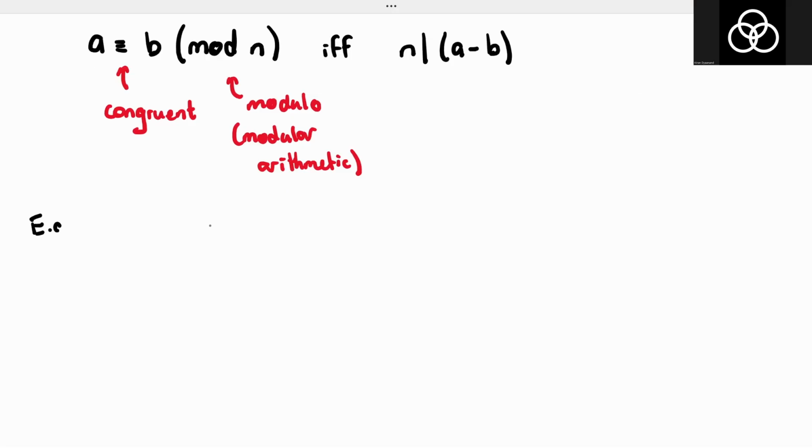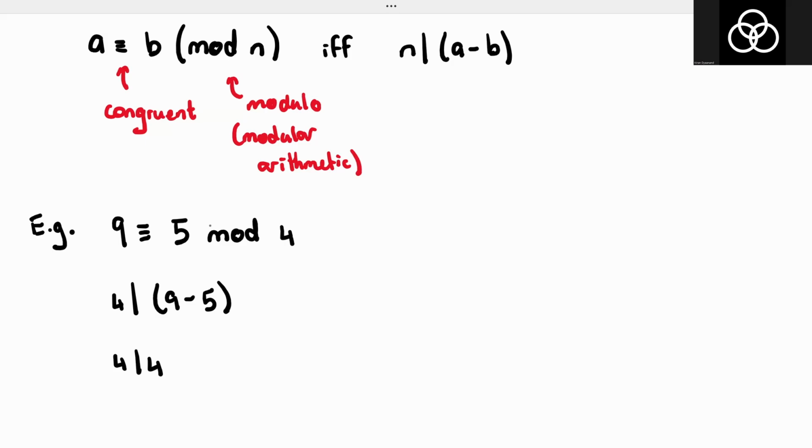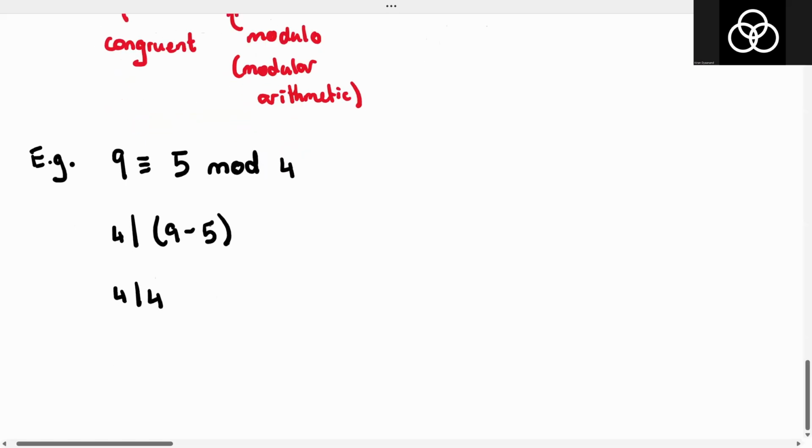Example: is 9 congruent to 5 mod 4? So by definition, we take the mod n, so mod 4, and does this divide A minus B? Well, of course, 9 minus 5 is just 4. So does 4 divide 4? Well, the answer is yes, right?